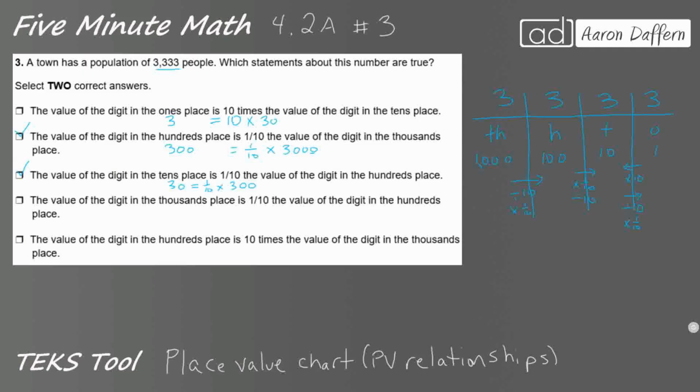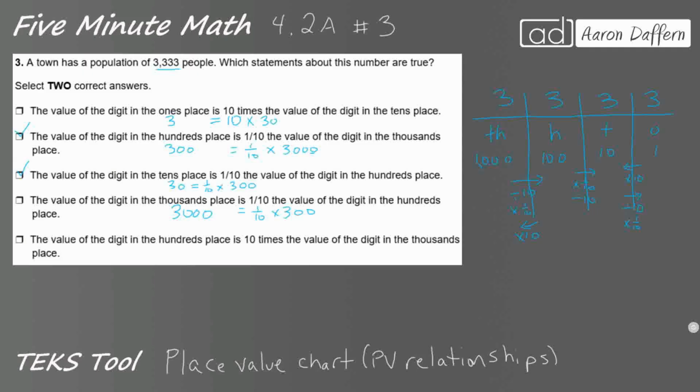So let's look at the fourth one. The value of the digit in the thousands place, that's 3,000, equals 1/10 the value of the digit in the hundreds place, that's 300. And it's incorrect. When we're going from the hundreds to the thousands, we are moving up to the left, so we're going to multiply by 10, not 1/10.